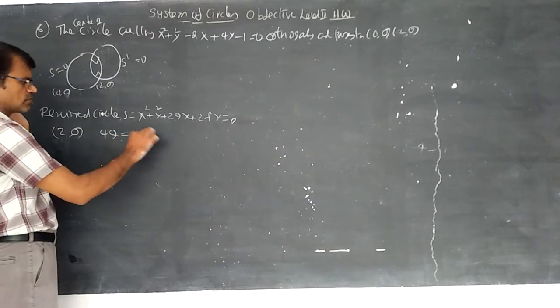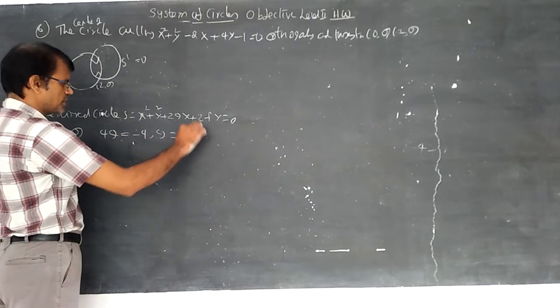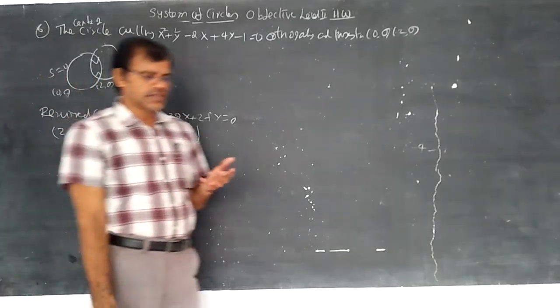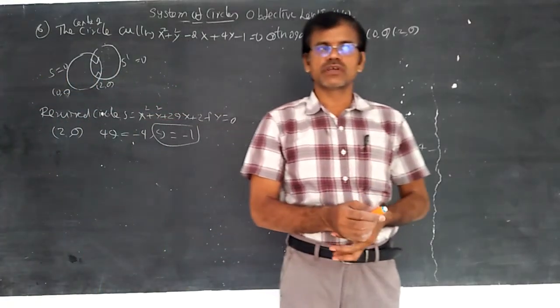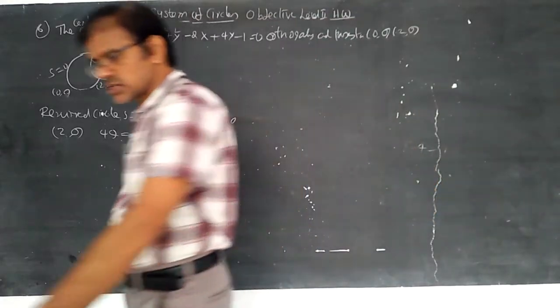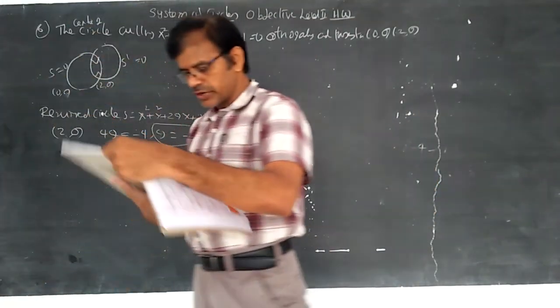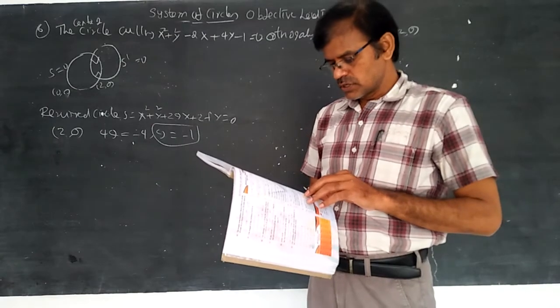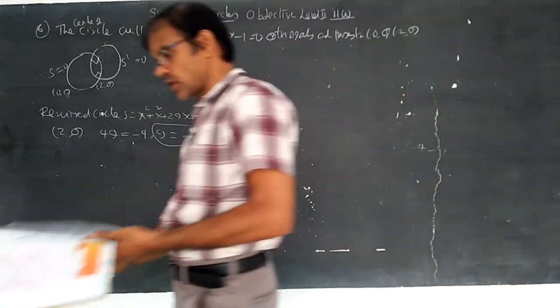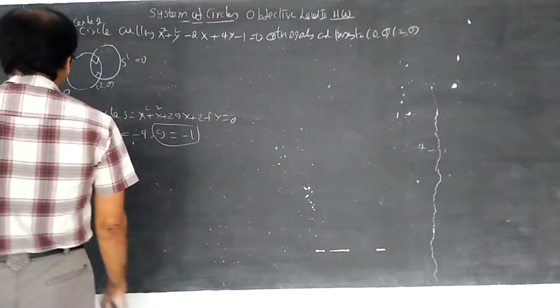So 4g is equal to minus 4, g is equal to minus 1. Whenever minus g comma minus f is the center, we know the formula. Then the first coordinate of the center is 1. Two options are there.